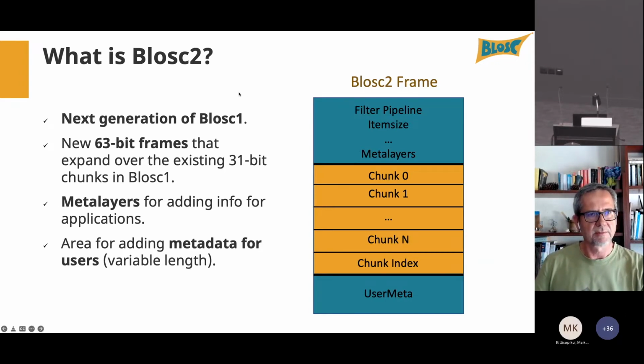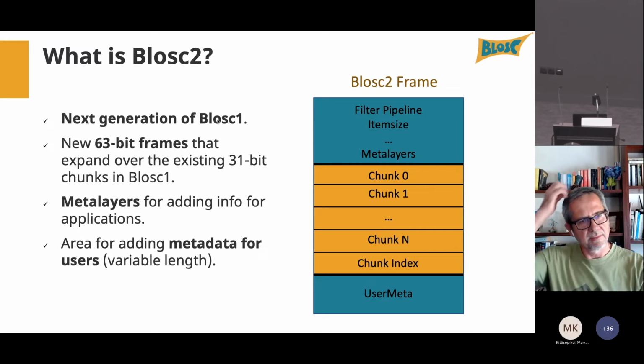So what are the advantages or new features of Blosc2? Blosc2 is the next generation of Blosc1. It comes with 63-bit frames that expand over the existing 31-bit chunks in Blosc2.